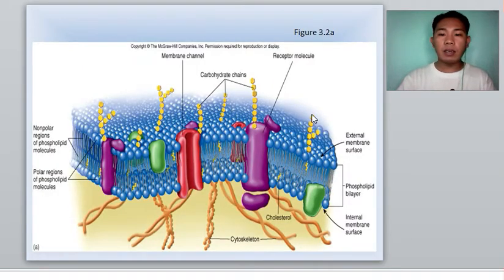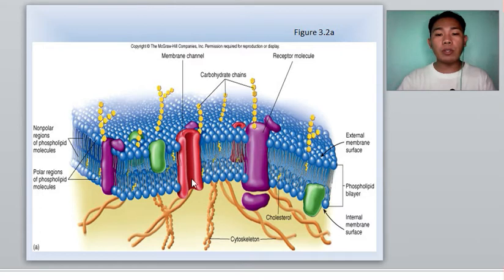As I said earlier, our cell membrane is a phospholipid bilayer. That means two layers of phospholipids.